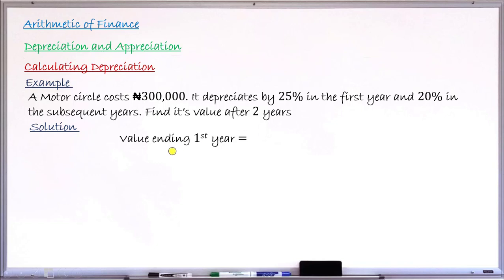So let me get the value of this motorcycle at the end of the first year. The value ending the first year is the value at the beginning of that first year minus the depreciation in that first year. The beginning value is 300,000, and its depreciation is what we are now going to calculate, 25% of this 300,000.